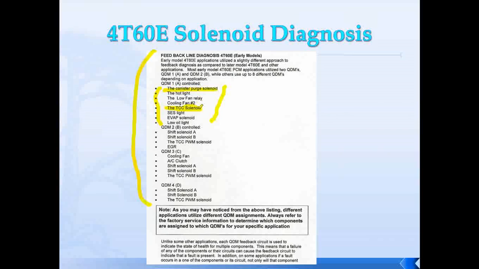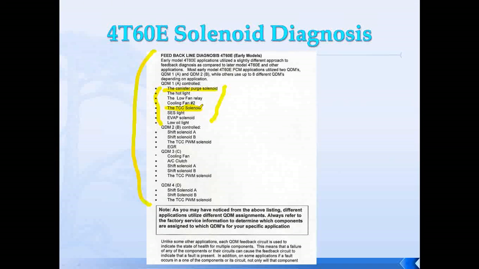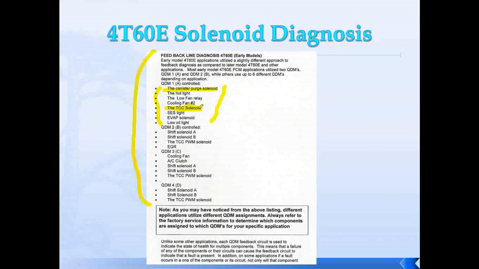So my whole point to this, folks, is the fact that you may have an instance where a component on your vehicle is not working or not working correctly, but your diagnostics do not indicate there's a problem with that component or that component circuit. It's something completely outside of that. You have to go to your schematics and look up on the vehicle what is actually hooked to that driver.